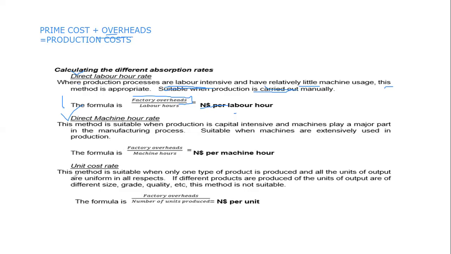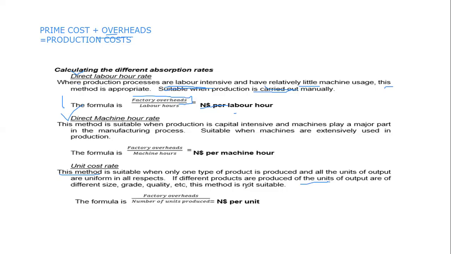Unit cost rate, this one is suitable when only one type of product is produced and all the units of output are uniform in all respects. If different products are produced, or the units of output are of different size, grade, quality, this method is not suitable.